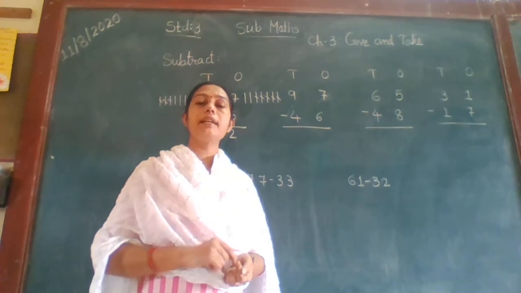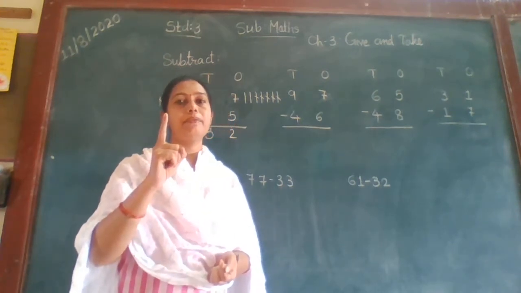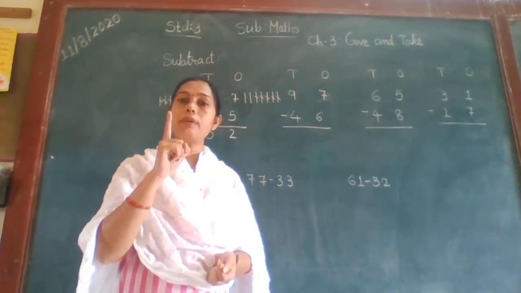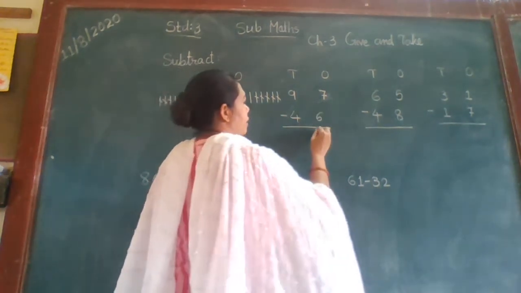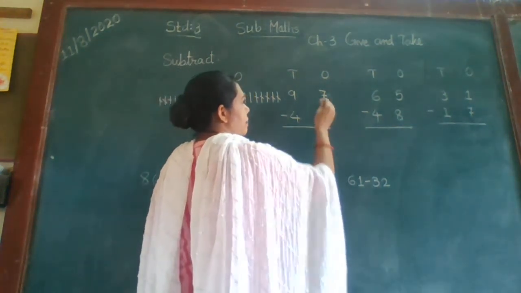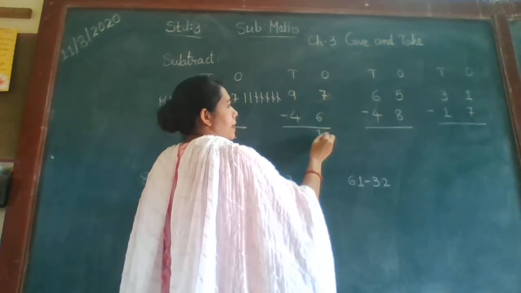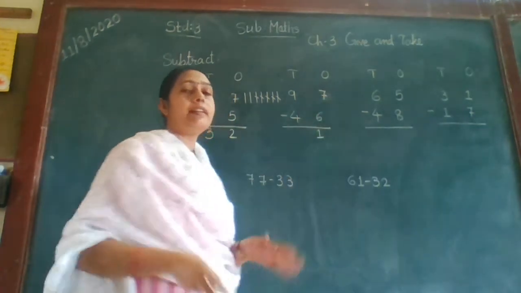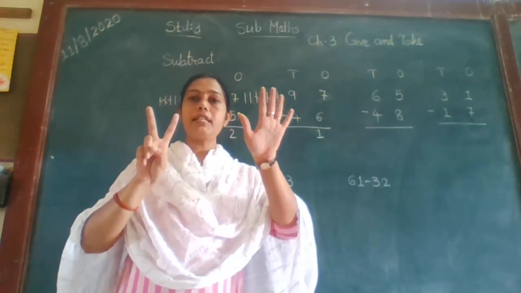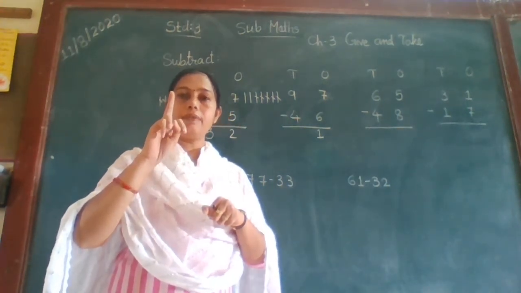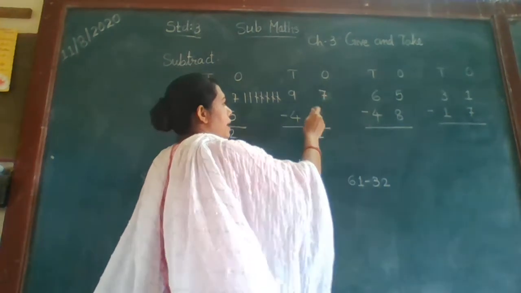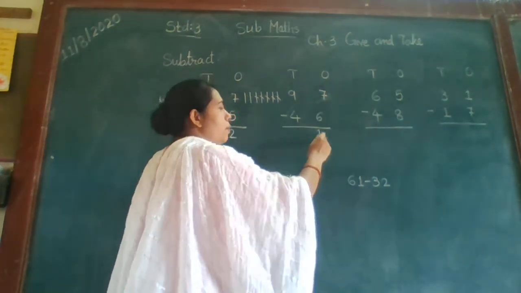After 6, 7. That means you got only one finger. That one you have to write on the answer's place. That means 7 minus 6: when we cut 6 from 7, how many fingers are left? 1. So 7 minus 6 is equal to 1.